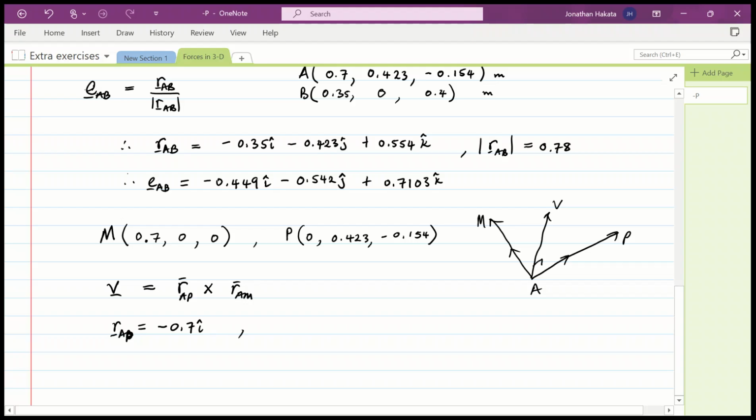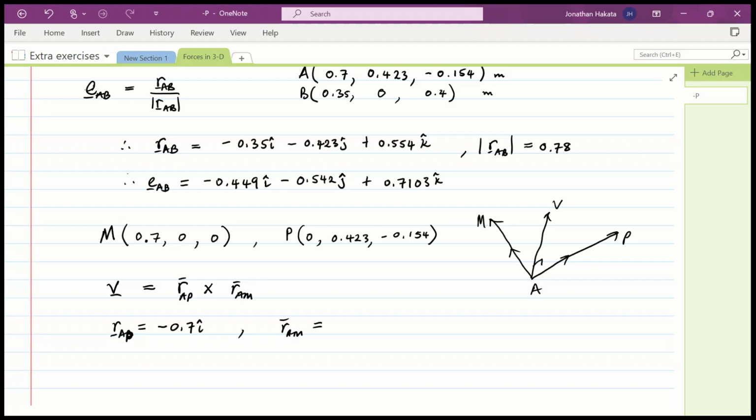Okay, so let's try to get RAM. RAM from A to M, we say coordinates of M minus those of A. If you do that, you have 0.7 minus 0.7. Let's be careful here.